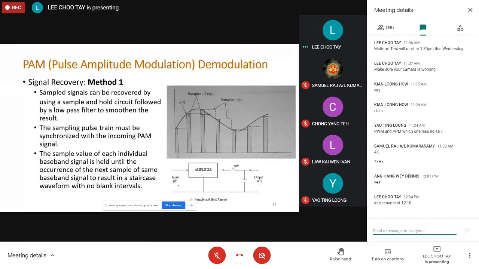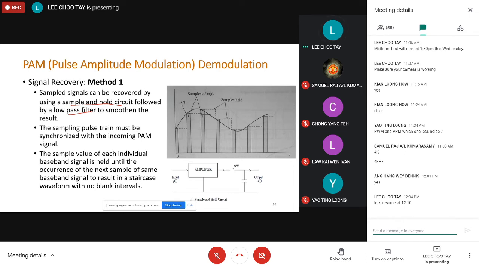All right, so let's continue with our signal recovery. There are also two ways to recover the PAM signal. Because we generated the PAM signal using sample and hold, the recovery process can also be done using a sample and hold circuit, followed by a low pass filter.